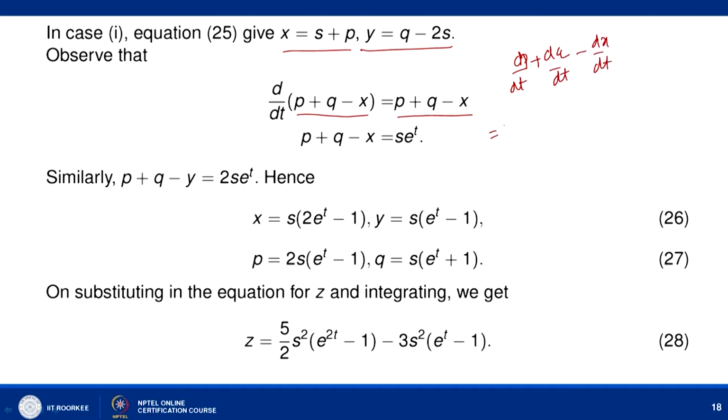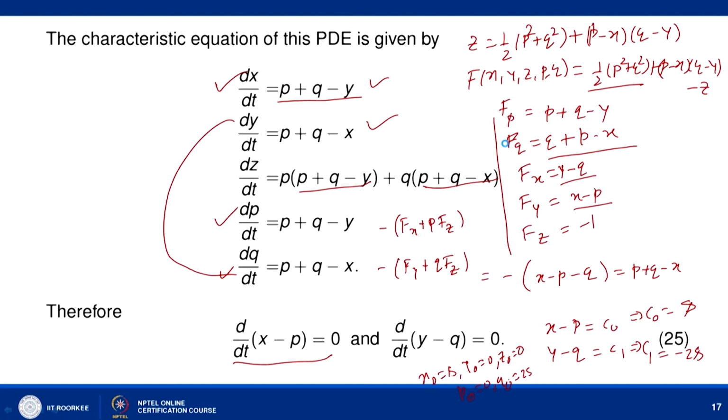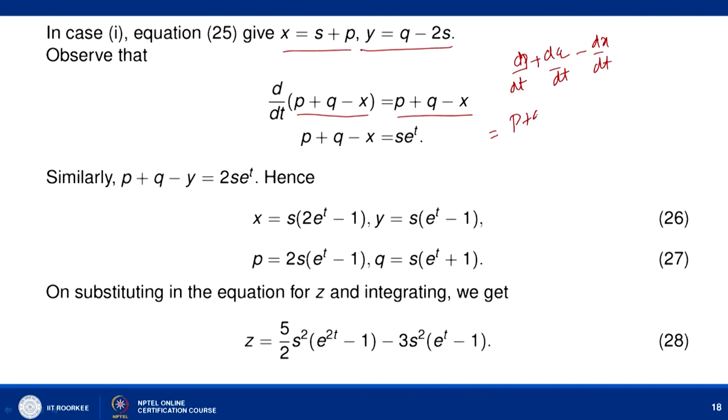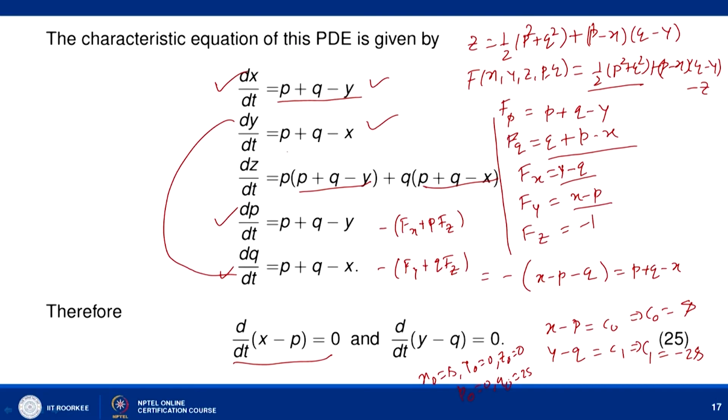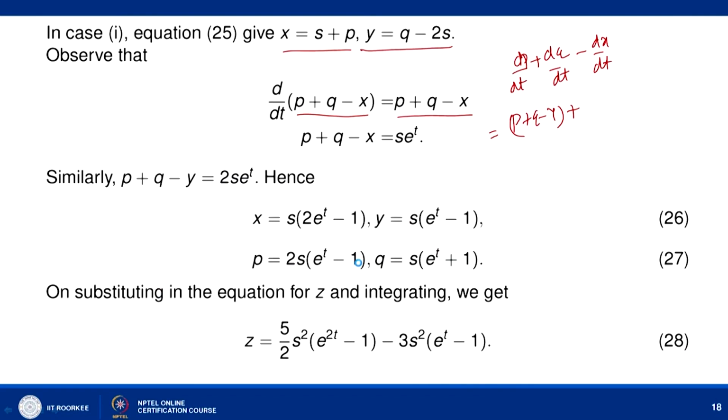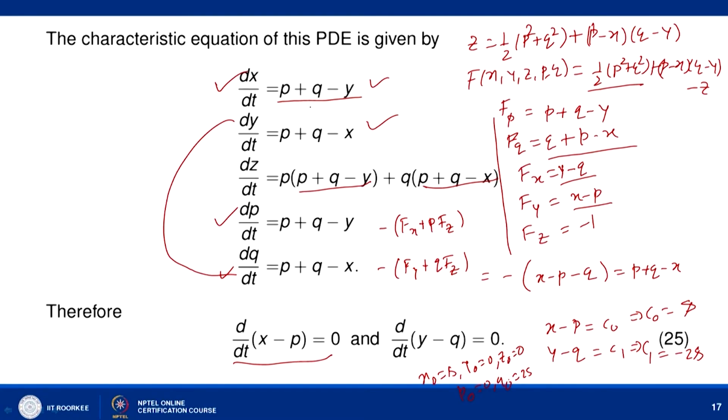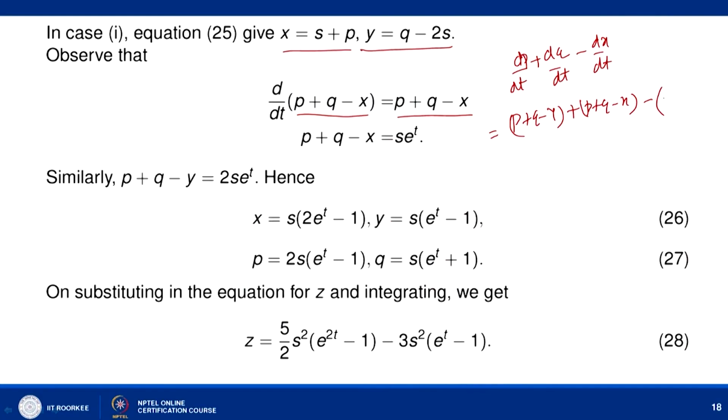So dp by dt is this thing, p plus q minus y. So it is p plus q minus y plus dq by dt, which is p plus q minus x, minus dx by dt, which is the same as p plus q minus y. So this will cancel out, and you will have p plus q minus x.